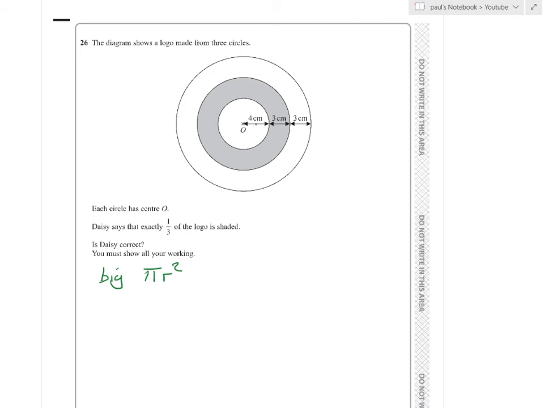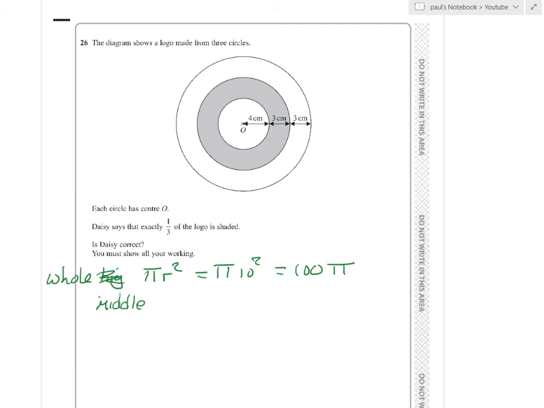So this is 4, 5, 6, 7, 8, 9, 10, which equals pi times 10 squared, which equals 100 pi. Middle, actually that's the whole, isn't it? That's everything.